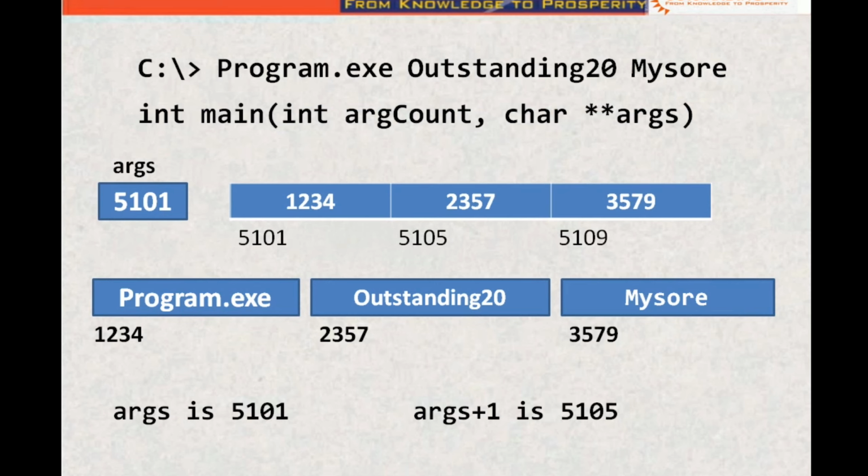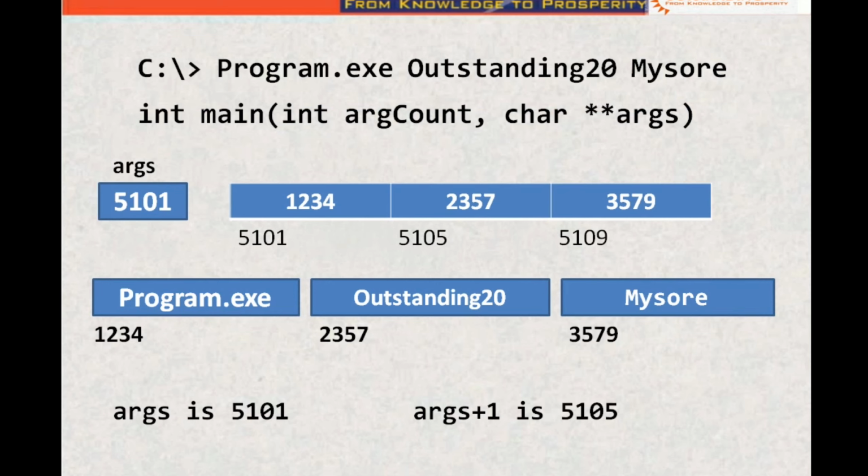You can check the size of args; it will be 4 bytes on Windows or 8 bytes on Linux. That is nothing but the size of a pointer. Now the address stored in args is nothing but the address of an array where the addresses of the strings which are given at the command line are stored.